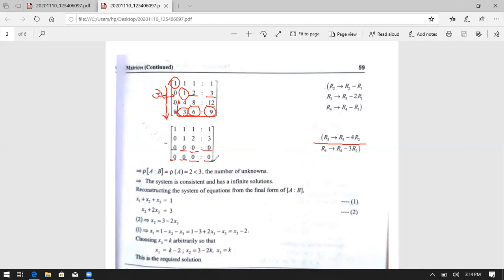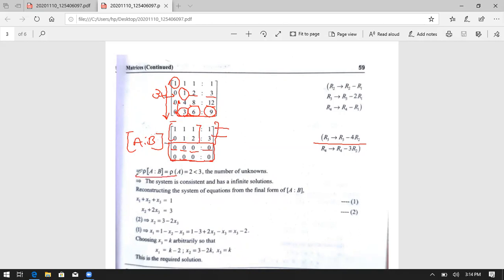Okay. Next, finally you write the rank of AB. This is the AB. Therefore, the rank of AB is equal to the rank of A, which is equal to 2. See here, these are the zero rows, only this one. Rank of AB is 2, meaning 2 non-zero rows are there, and the rank of A is also 2.